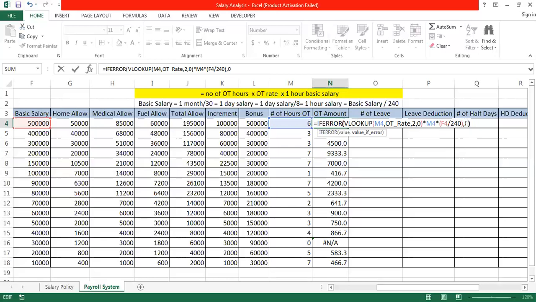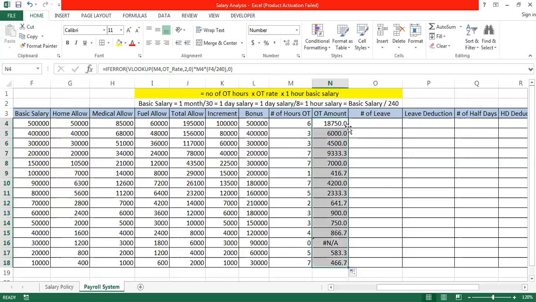In this way, I can eliminate the issue which I had for zero. So if I drag this formula, you can see instead of not applicable, I will have zero result over here. That is zero overtime amount. You can see, my issue has been resolved.